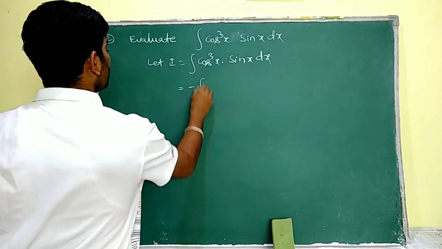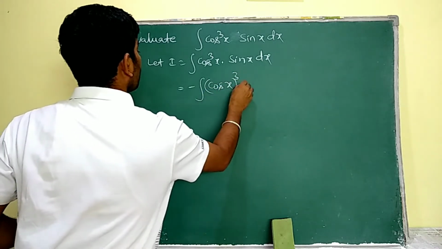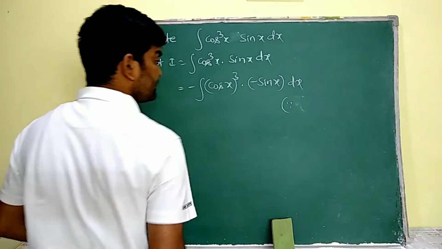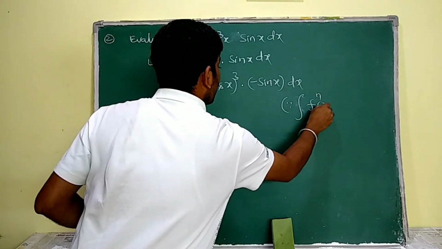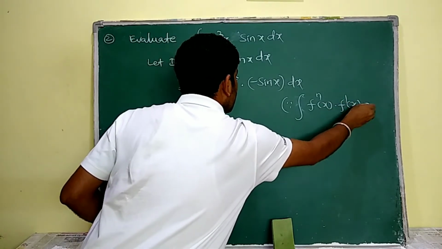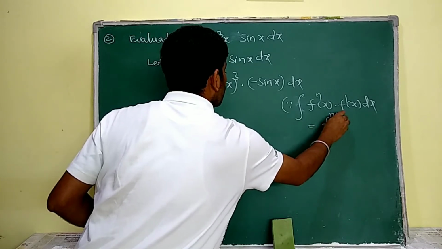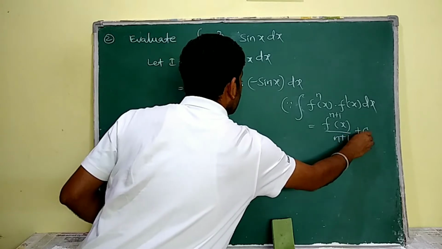That is why here I am going to arrange the derivative of cos x ma. So it is in the form of integral f of x power n into f dash of x dx, that can be expressed as f of x power n plus 1 by n plus 1 plus c, we know.